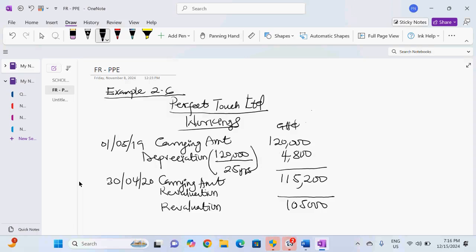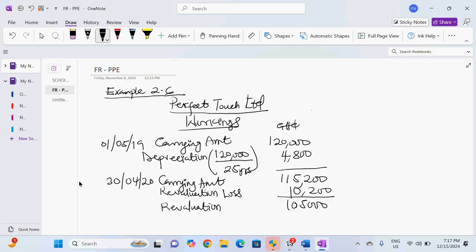Give me the figure. 10,200. And is that a loss or a surplus? That is a loss. Carrying amount in the books was 115,200.